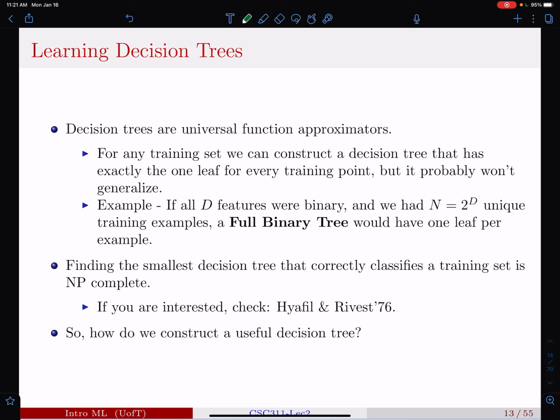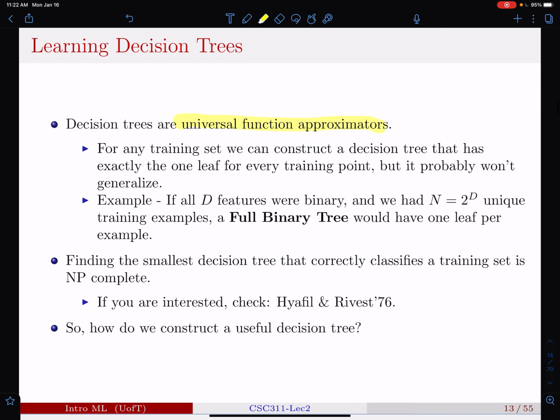Okay, so some more properties about decision trees. These are something that we call universal function approximators, which means they can approximate any function that we want. And you can see this in that you can split each point at any boundary we want, so we can really construct any exact split that we want.